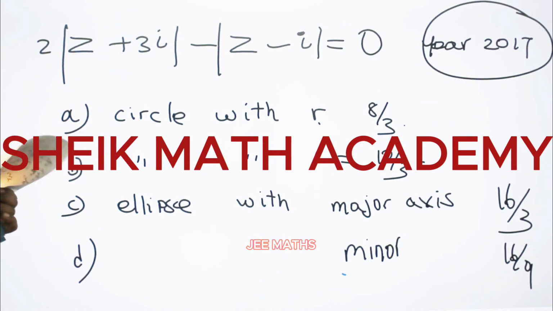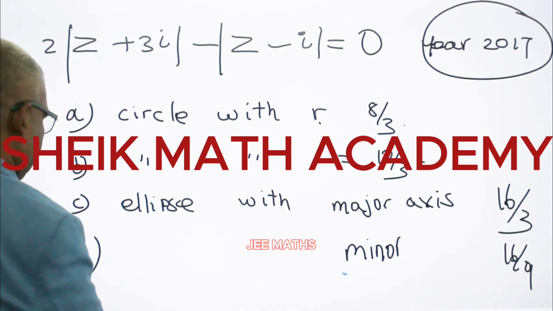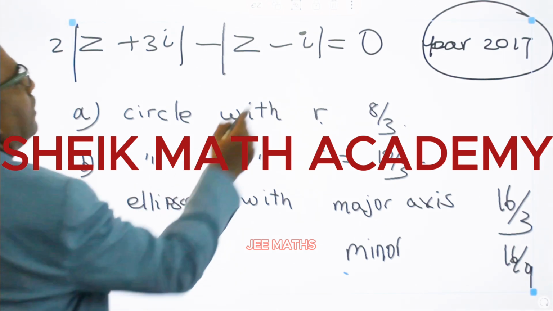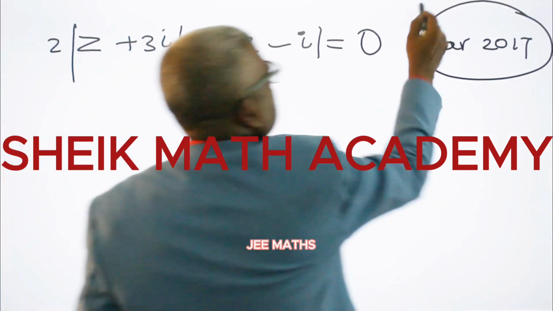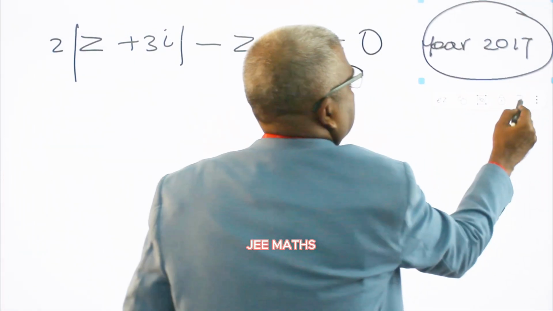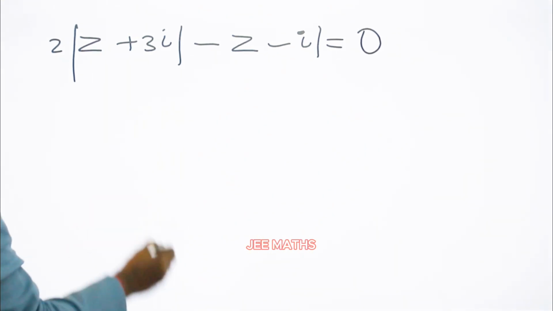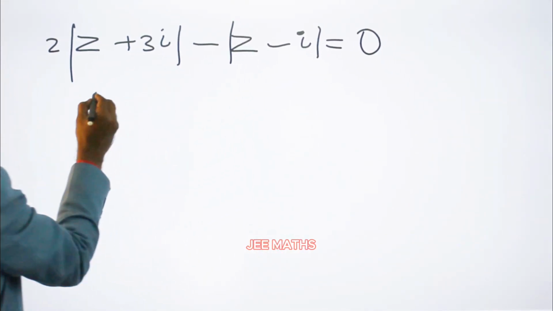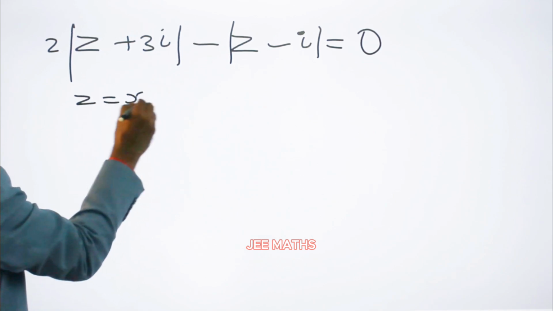Now z is a complex number. So let z equal x plus iy.